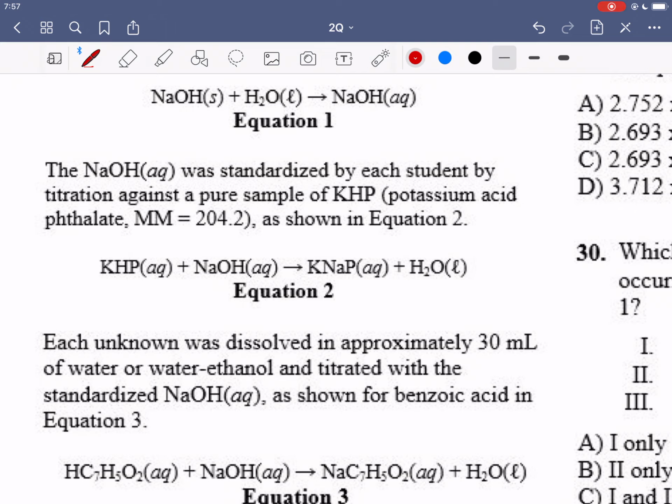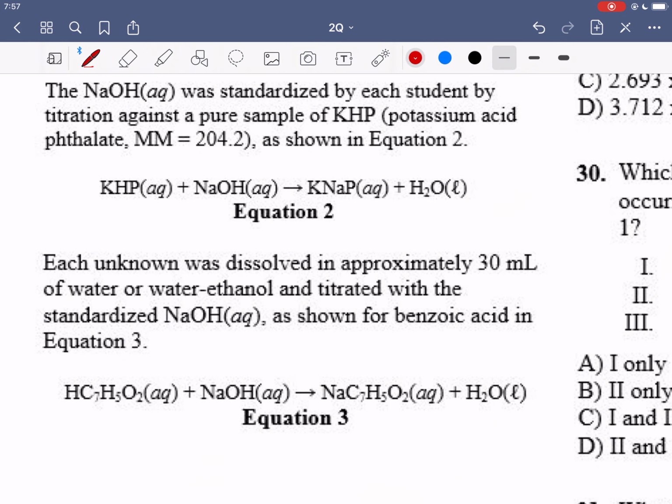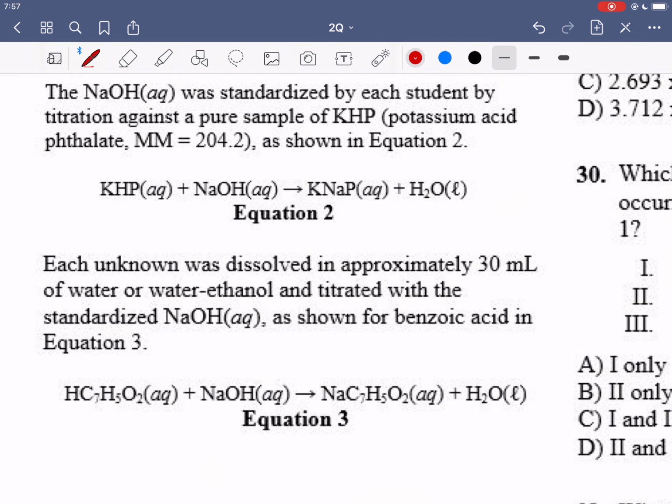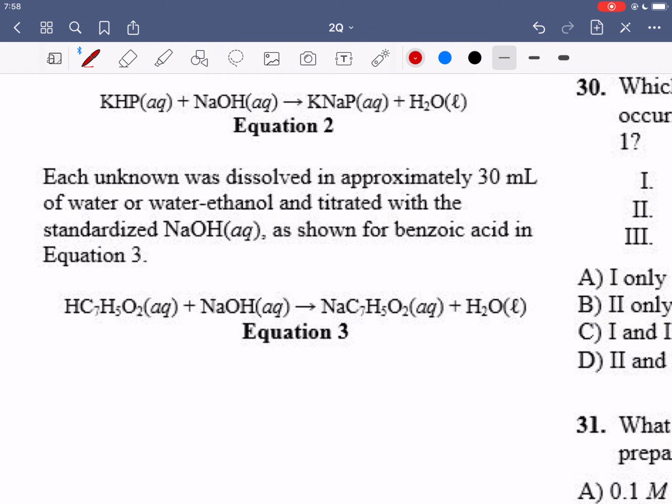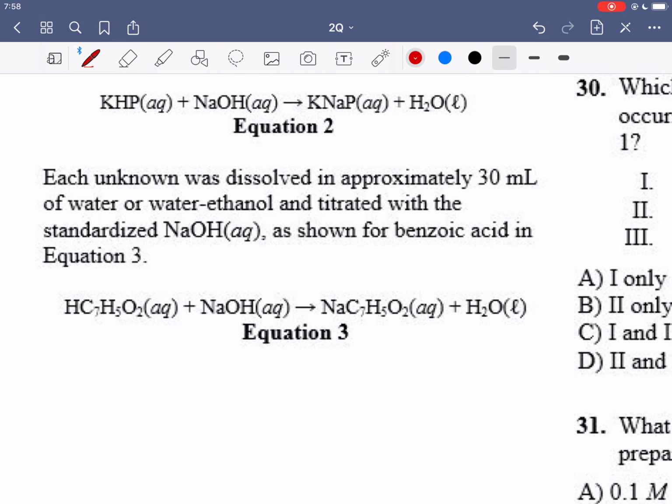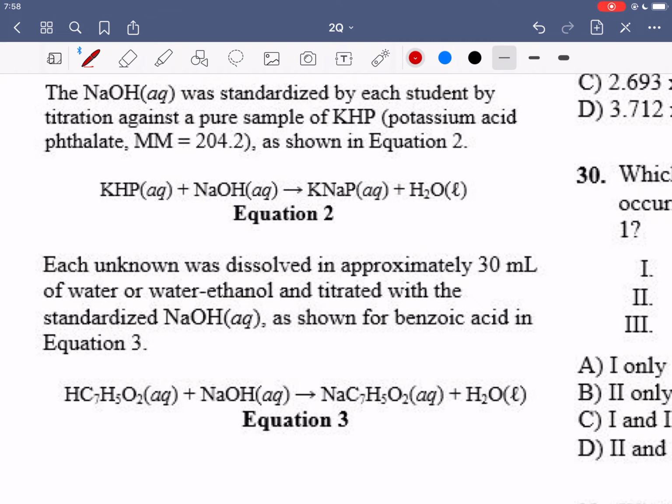Now you've got your base that you're doing your titration with, and this base was standardized by each student by titration against a pure sample of KHP, which is just potassium acid phthalate, and the molar mass of that was given to the students as shown in equation 2. So you look at equation 2, you're reacting KHP with sodium hydroxide. The key thing here is that you know that this is a pure amount of KHP, and you know what its molar mass is.